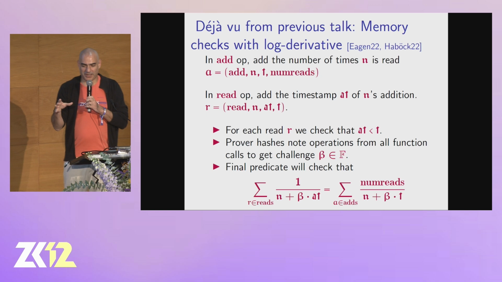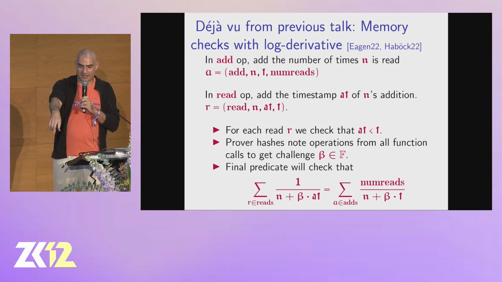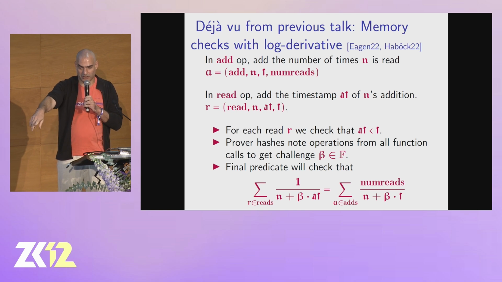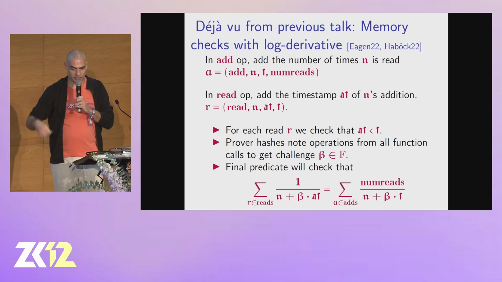So we need to check that all the alleged creations of notes really happened. And that's going to be done by this fractional sum. We're going to check the sum over the reads of this expression, thinking of the note as just a value in the field: the sum over the reads of 1 over n plus beta times AT, the alleged time of creation of the note.